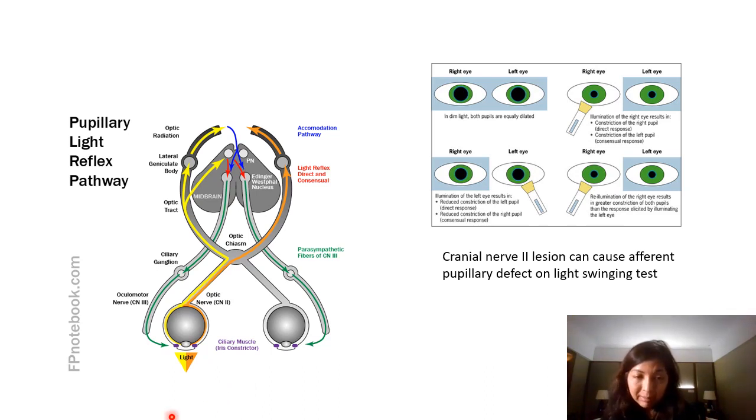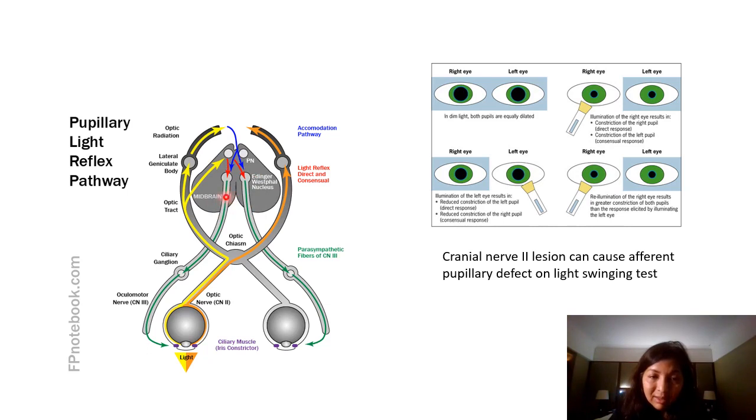So if you think about how that pathway works, light enters the eye and it's carried into the brain via the optic nerve, right? Cranial nerve 2. So as it enters the brain, some of those fibers go all the way back to the occipital cortex. But some of those fibers actually go into the brainstem and innervate a structure called the Edinger-Westphal nucleus.